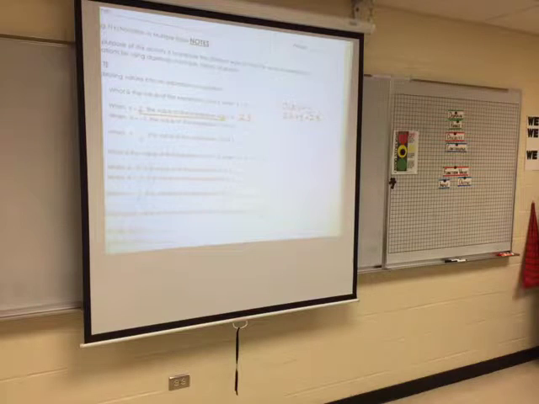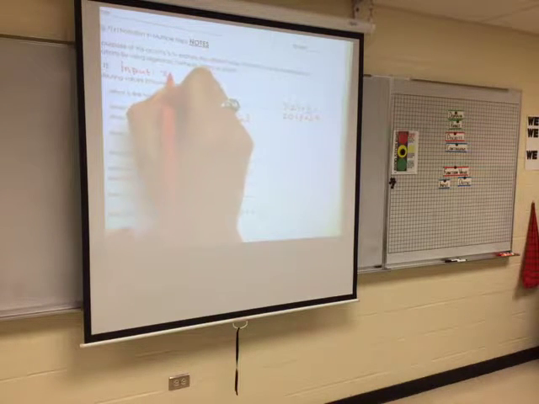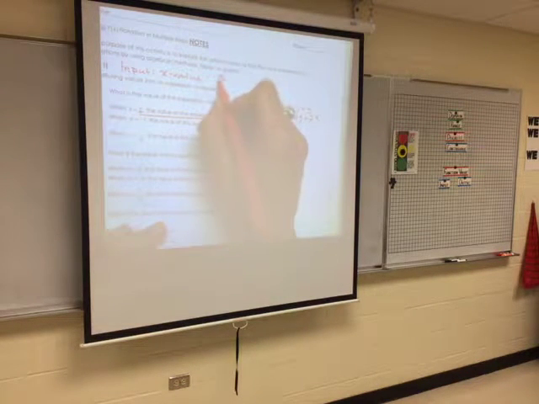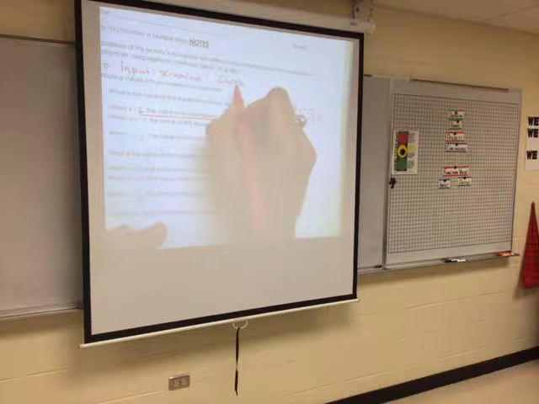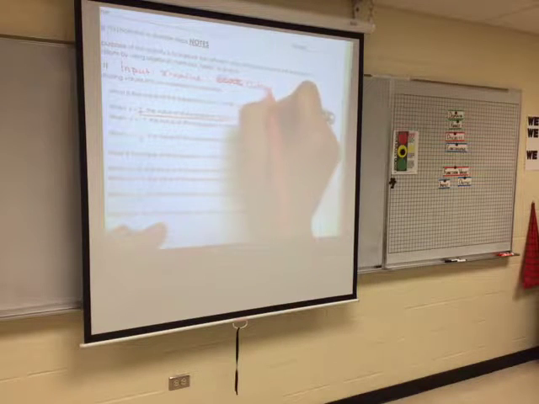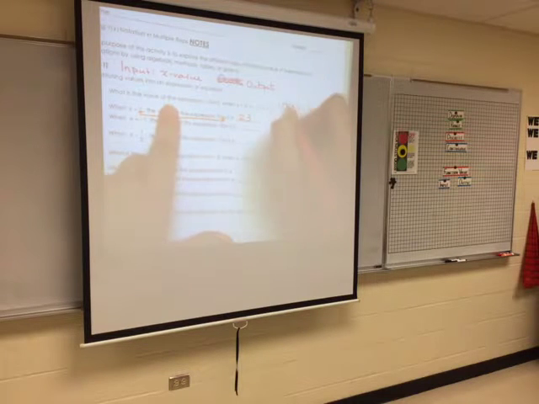So our input, we put 2 into the expression, and we got out 23. So I'm going to make a note of that at the top. Just above where it says part 1, I'm going to say input. That's like the x value, right? Output is like the value of the expression, or the y value.